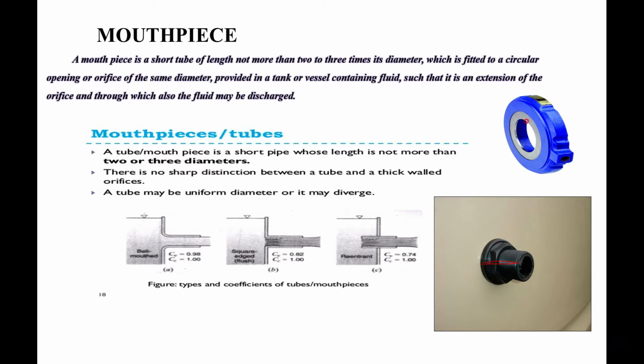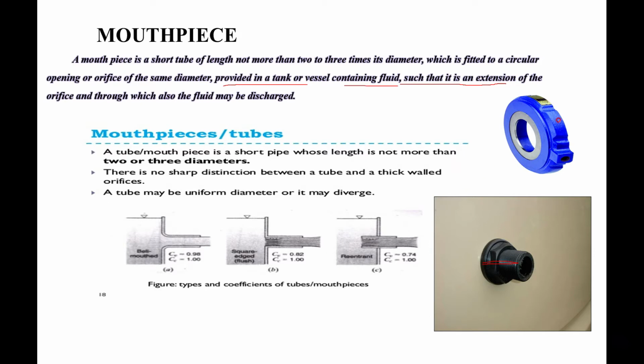This is the orifice, and the orifice will be flush with the tank, that is a bottom opening, or it is made on the side of the tank. A mouthpiece is a short tube of length not more than 2 to 3 times its diameter, which is fitted to a circular opening or orifice of the same diameter provided in a tank or vessel containing fluid, such that it is an extension of the orifice, and through which the fluid may also be discharged.